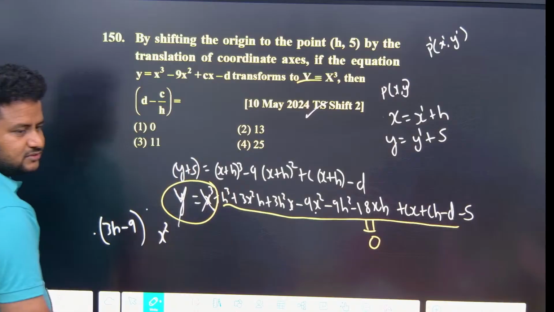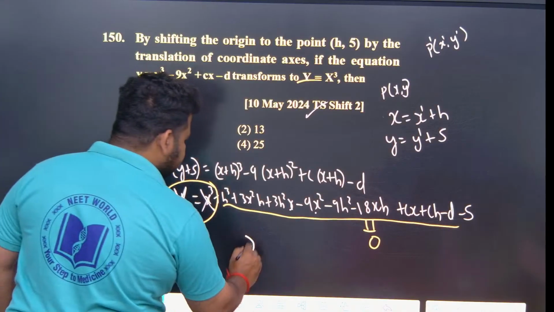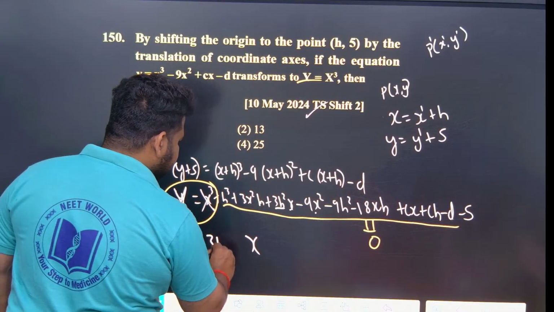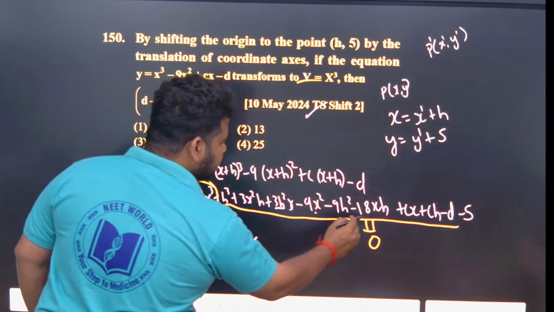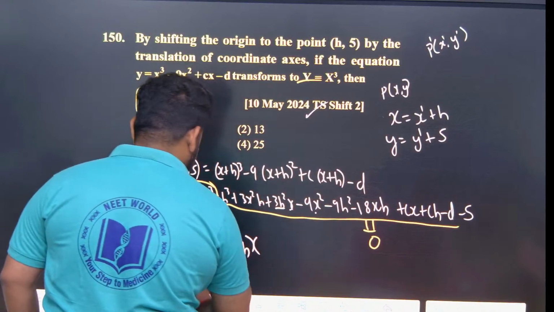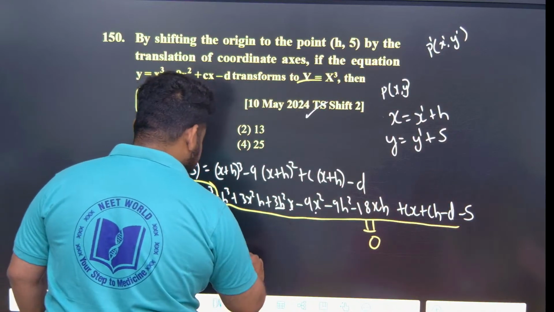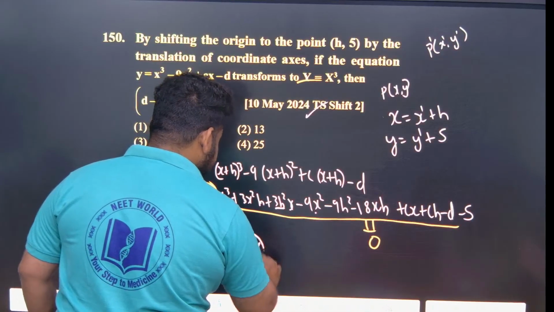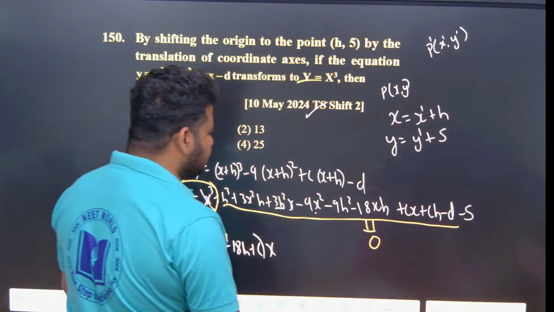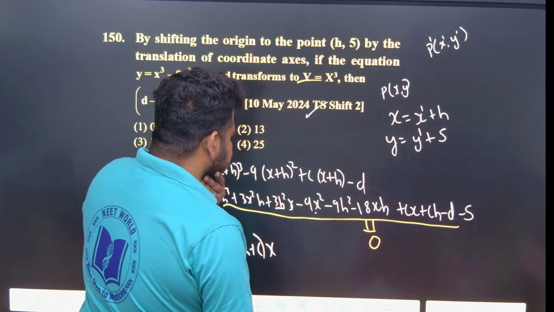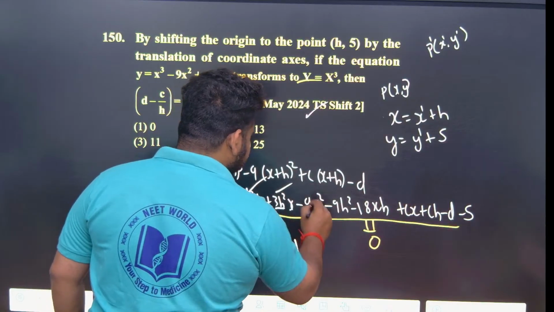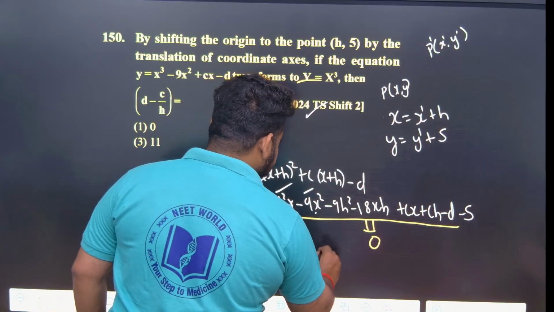Now what about the x coefficient? 3h square, minus 18h, plus c. This is the x coefficient, correct? Now remaining, what else is there? They are all constants. So what are the constants that we have? H cube, minus 9h square.